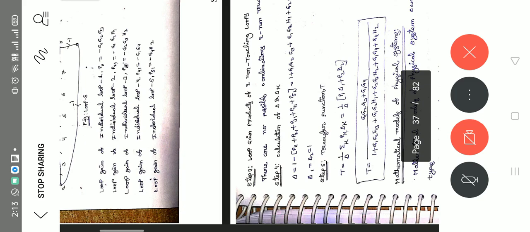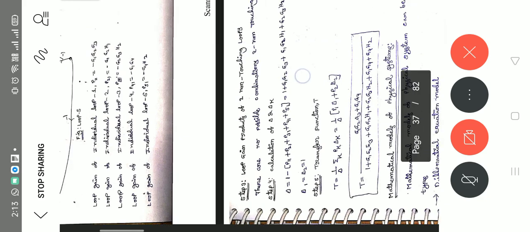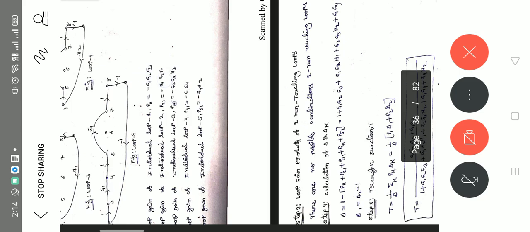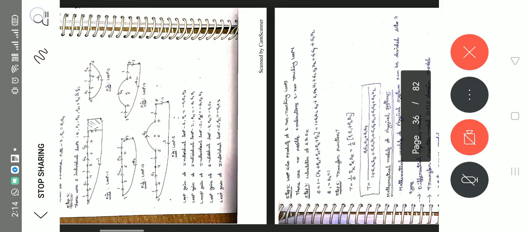Any doubts? We have only 2 minutes of time, so you can start any other topic. Any doubts? Tell me. Is it clear, all of you, signal flow graph?